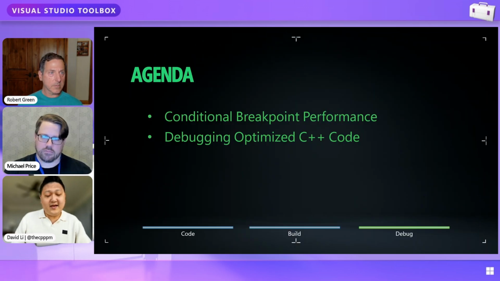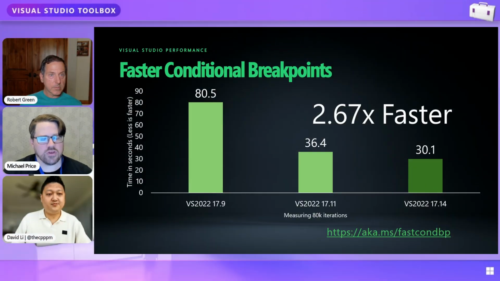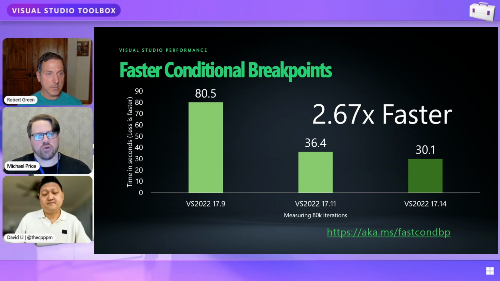Next, we have our debugging portion of our inner loop. Let's get started with debugger performance. Yeah, so one of the things we've made improvements on in recent Visual Studios is conditional breakpoints. Conditional breakpoints is a feature that lets you set a condition that gets checked on each breakpoint, so the breakpoint will only trigger when that condition is true.